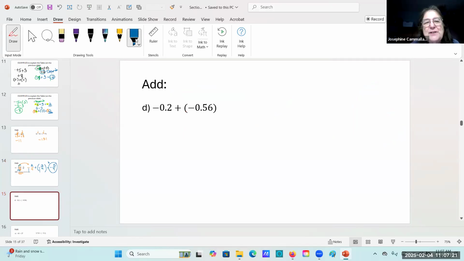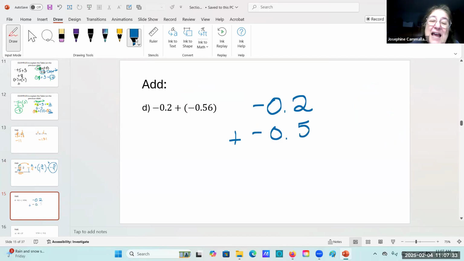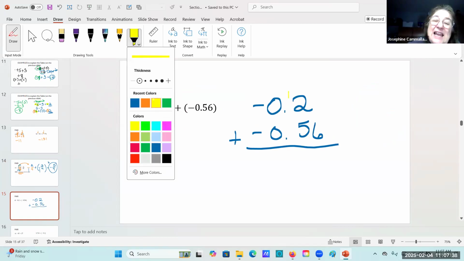Now, we have decimals. Oh, this should be fun. Negative 0.2 plus a negative. Now, remember, you've got to line up the decimals.